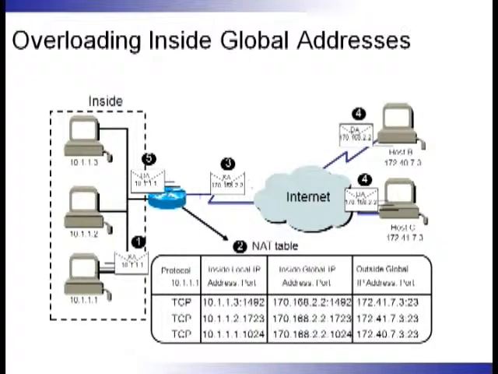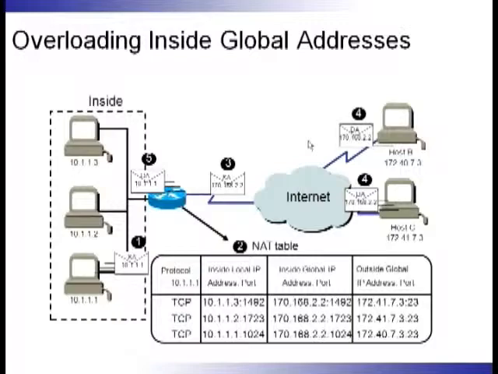And so we're going to come back and say, oh yeah, everyone's 170.168.2.2, but we need to send it to port 1024. Who's 1024? 10.1.1.1. This is why it is called port address translation, because we use the source port number to differentiate between all the inside locals. Everyone uses the same inside global to get out.